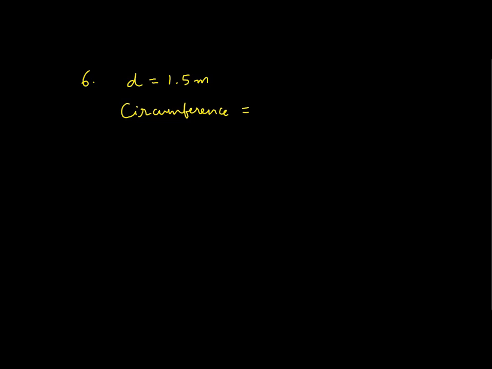The formula for finding the circumference is 2 into pi into r. Now here 2 into r becomes the diameter, so I can also use the formula for circumference as diameter times pi. So when diameter is given, no need to find the radius directly. Just use the formula pi into d to get the circumference. Now d is given as 1.5 and pi we are taking as 3.14, because this d, or even if you find r, will not be a multiple of 7.